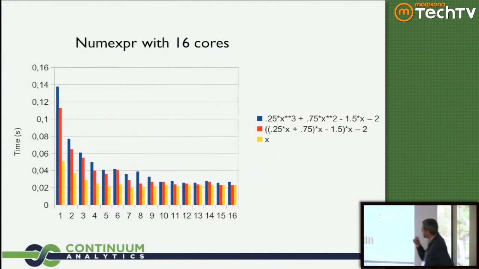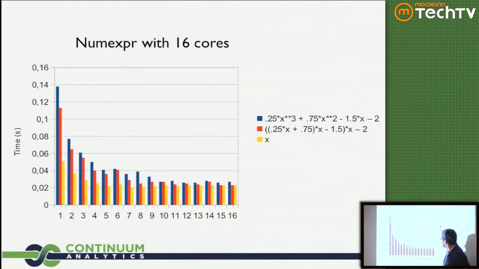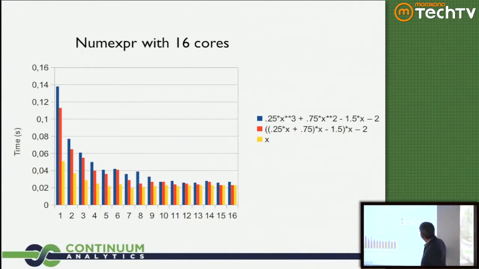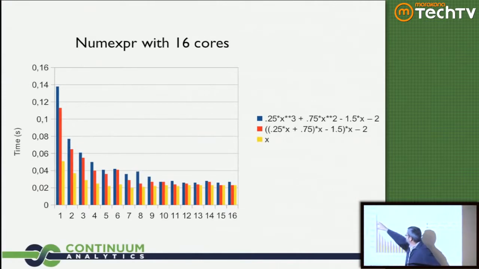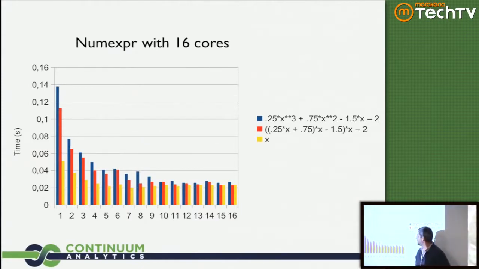So we can see that the speedup is quite good. It can be around 4 times faster to run on all the 16 CPUs. And for the optimized version of the polynomial, the times are better, but when we have many CPUs, the difference in time is not that much.